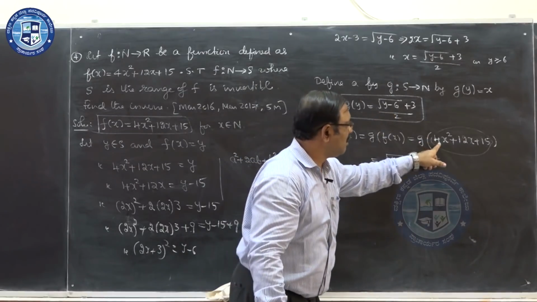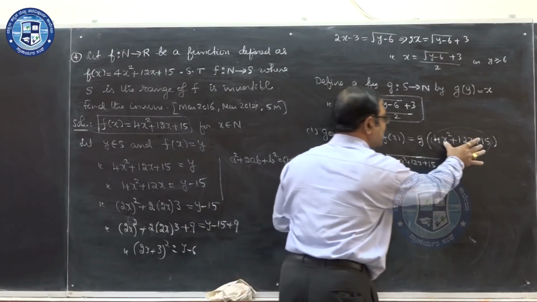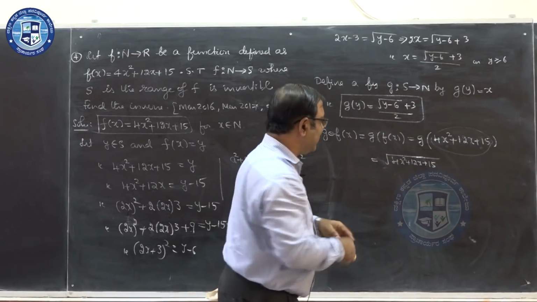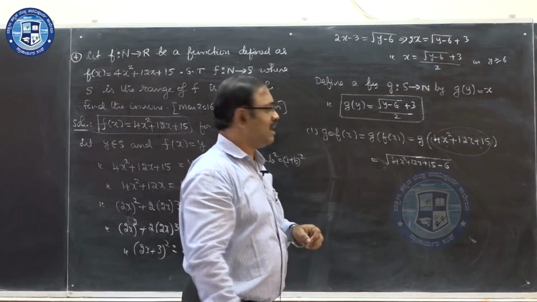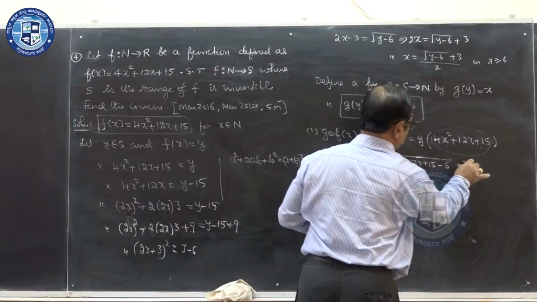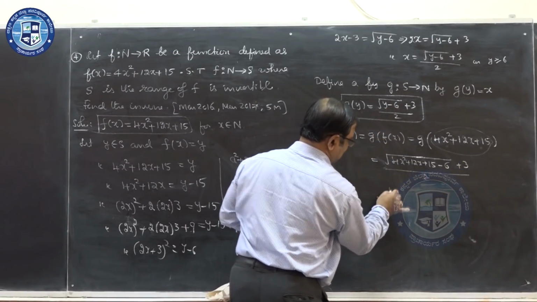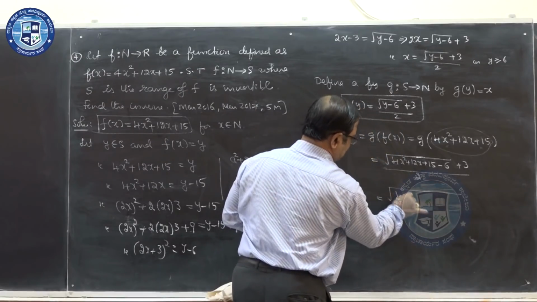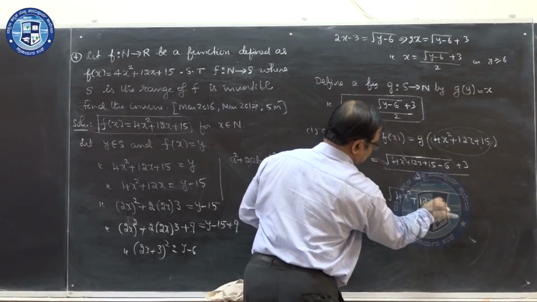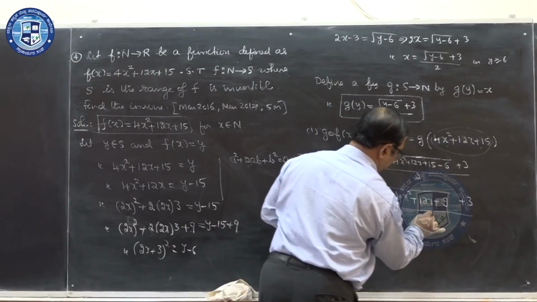So what is g of 4x square plus 12x plus 15? You take this as y. Then it is root of y minus 6, minus 3 divided by 2, and this is nothing but root of 4x square plus 12x plus 9, minus 3 by 2.